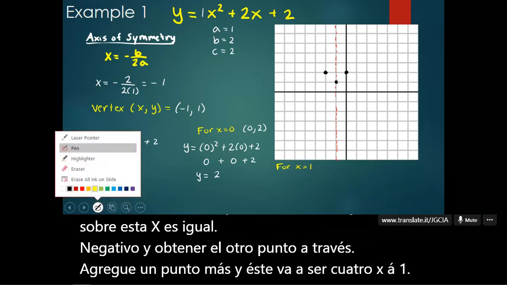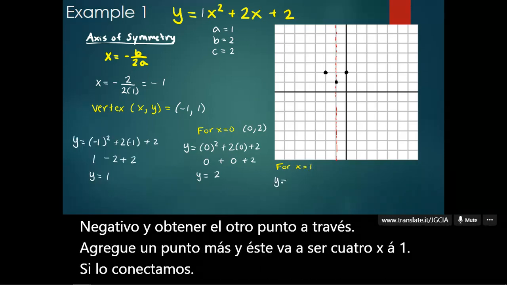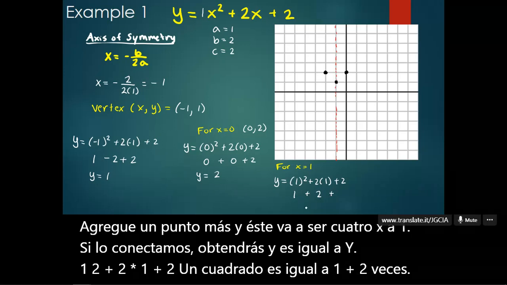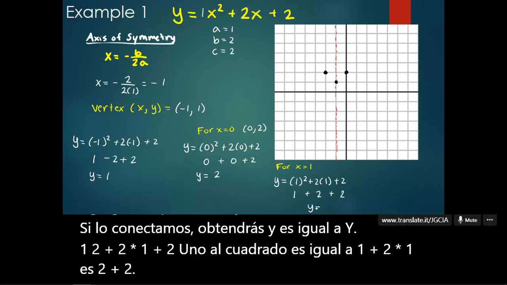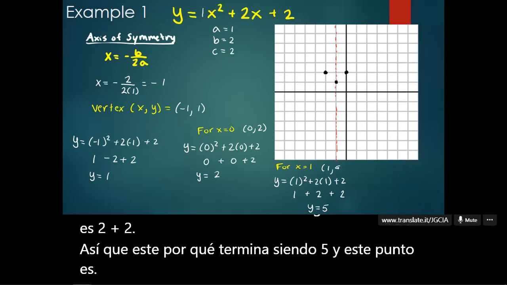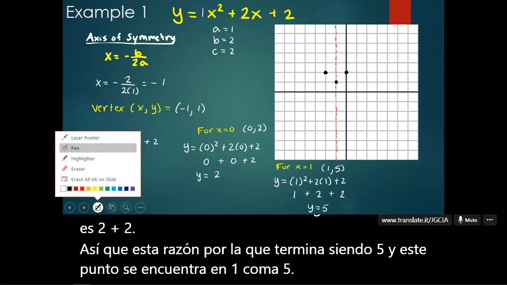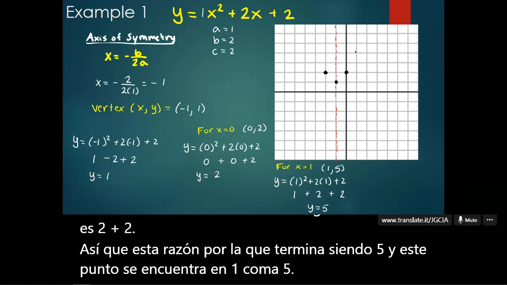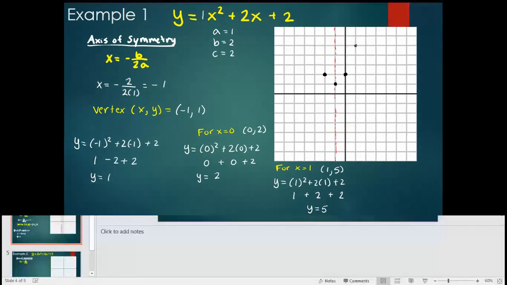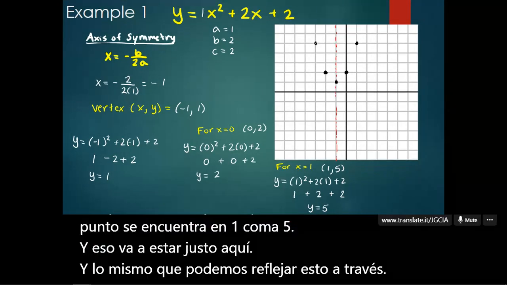If we plug that in, we get y equals 1 squared plus 2 times 1 plus 2. 1 squared is equal to 1 plus 2 times 1 is 2 plus 2. So this y ends up being 5. And this point is located at 1, 5. And that's going to be right here. And same thing, we can reflect this across, and that's going to be right there.